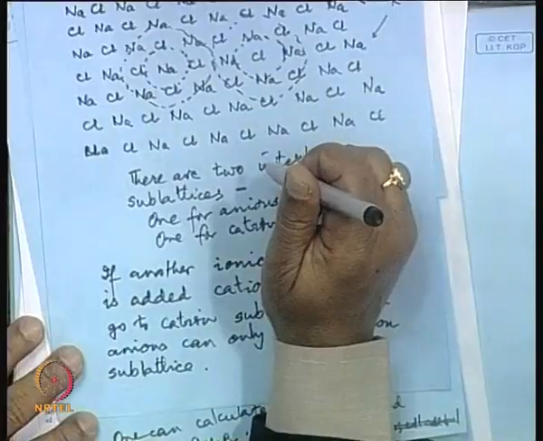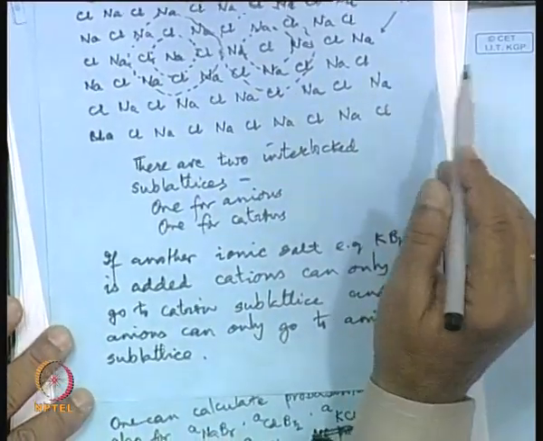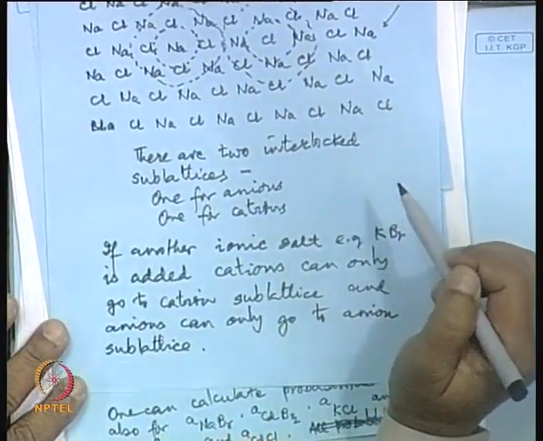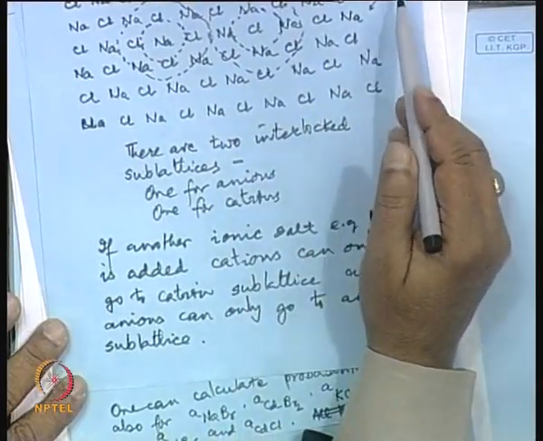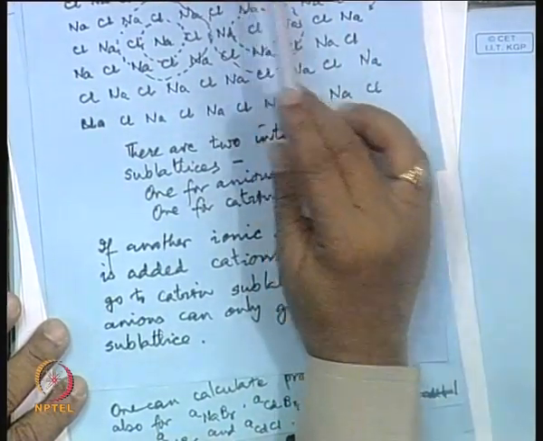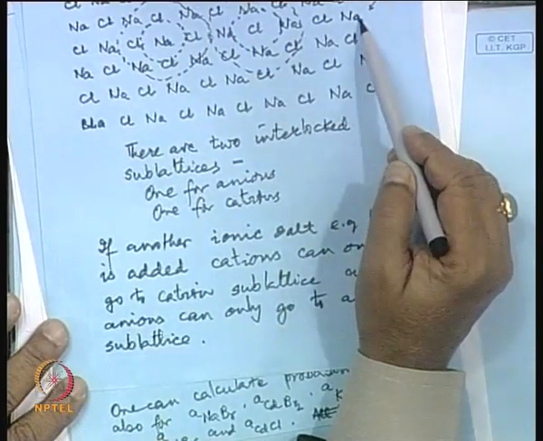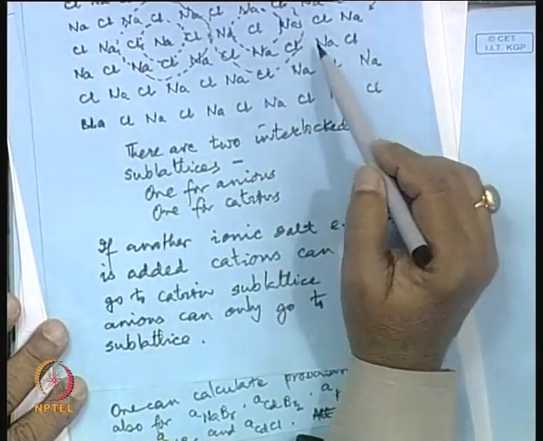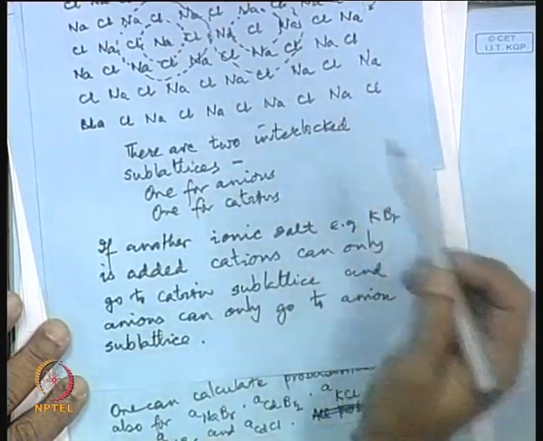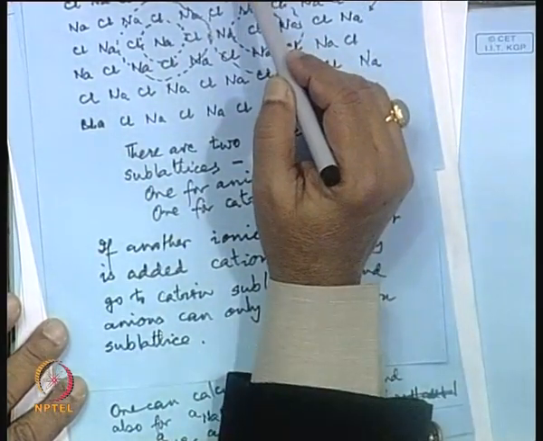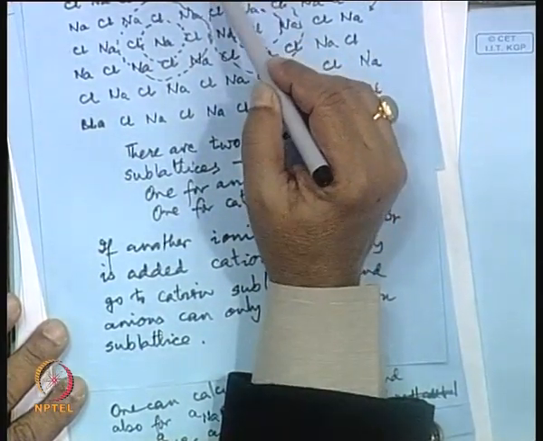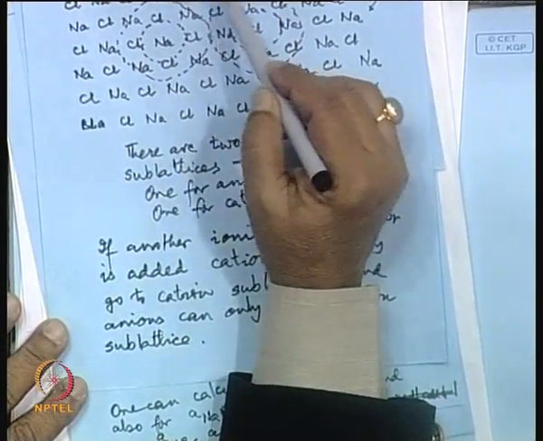Now, if to this salt, that is sodium chloride, we add another salt, say potassium bromide, which breaks into potassium and bromine ions. Potassium ions can only occupy some space previously occupied by sodium ions, and bromine ion, being an anion, must find a place somewhere where there was a chlorine ion.